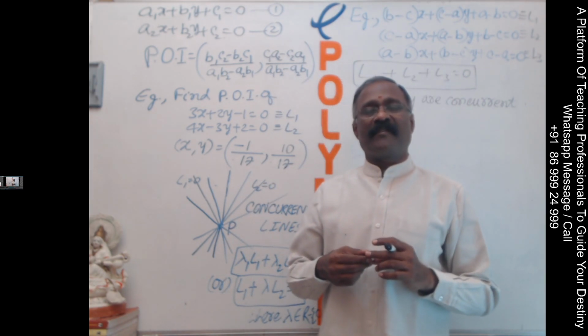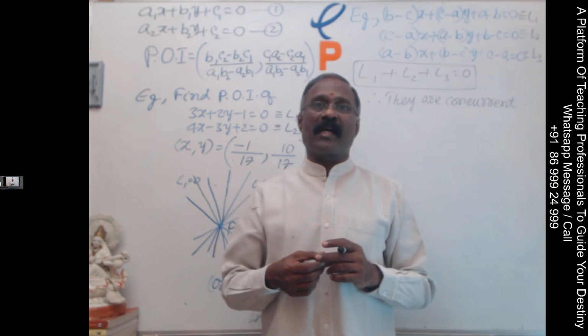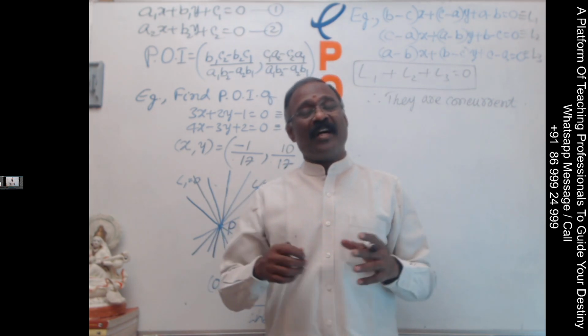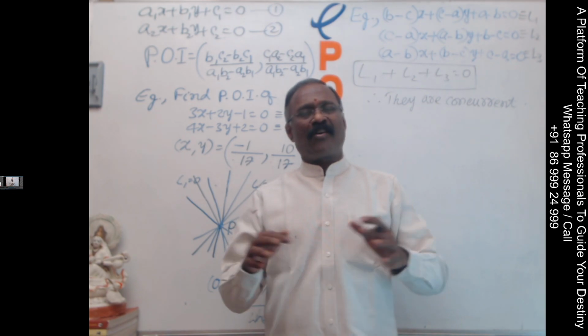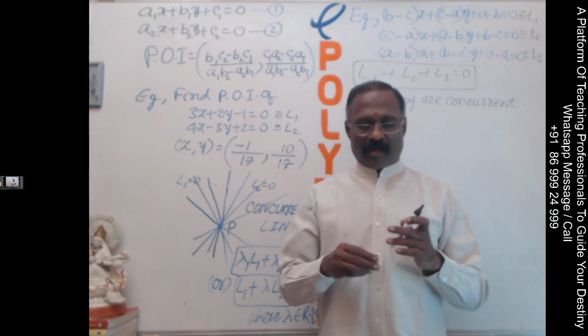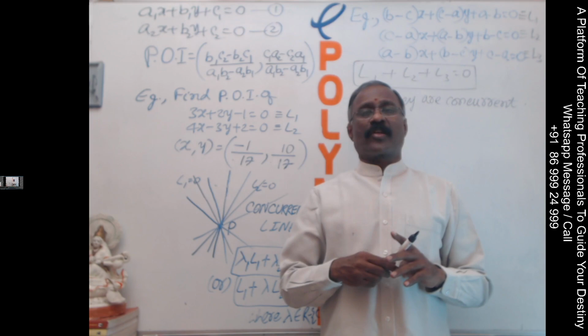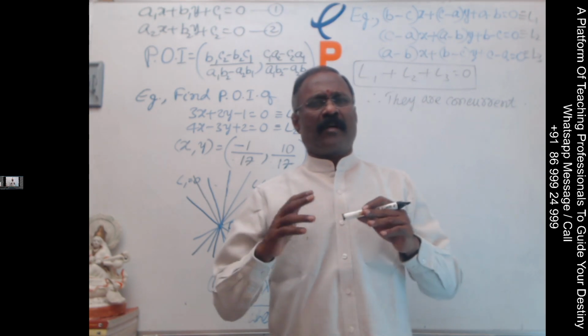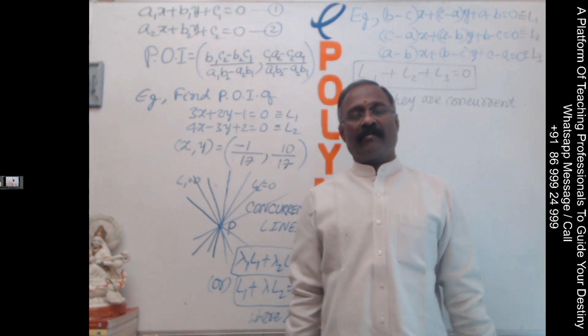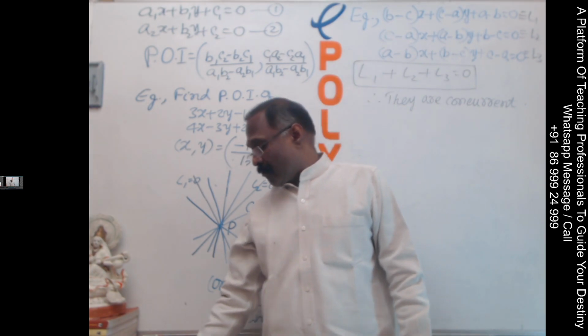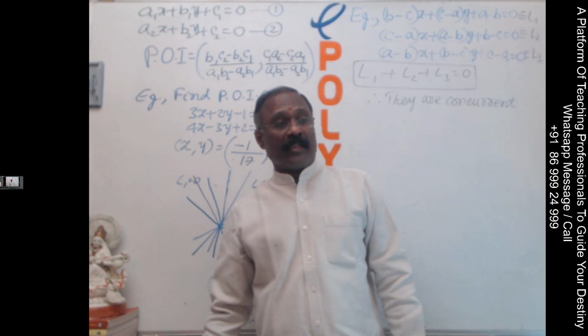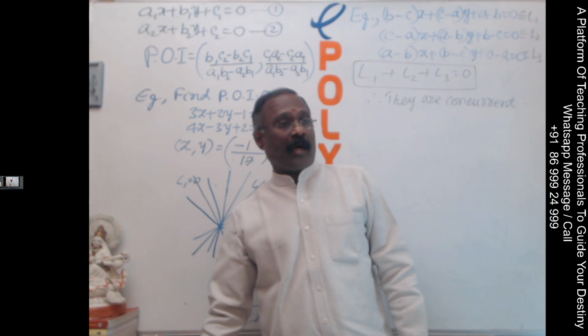So it gets very difficult. So at a glance, you have to understand: the sum of the three lines is 0, and hence they are concurrent. Okay, so this is about the set of concurrent lines. Anyway, we'll be working out problems on that one.